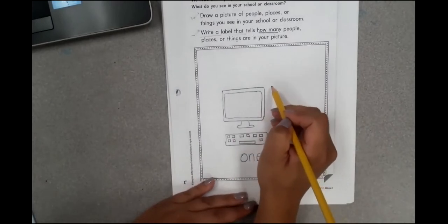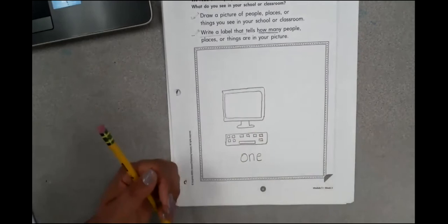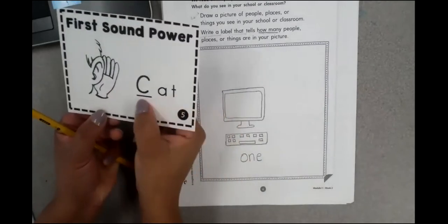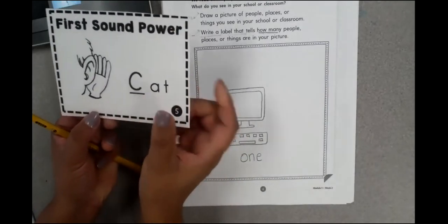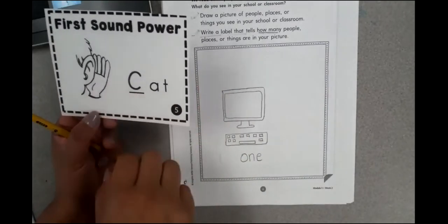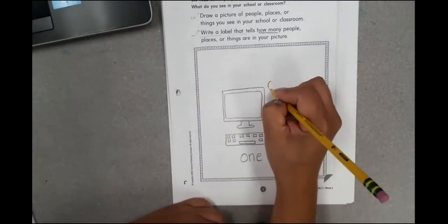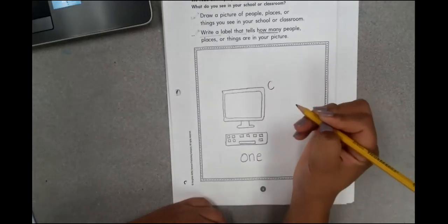So I'm going to try to make all the letter sounds, and I'm going to use this power right here where I am going to start with the first sound that I hear. So the first sound that I hear is k, k. All right. Letter C makes the k sound.